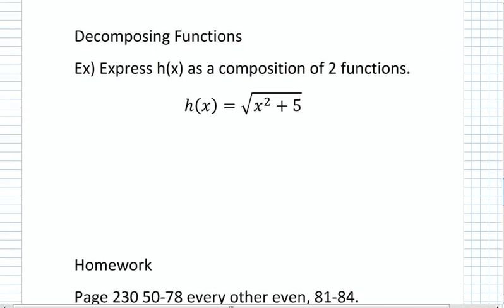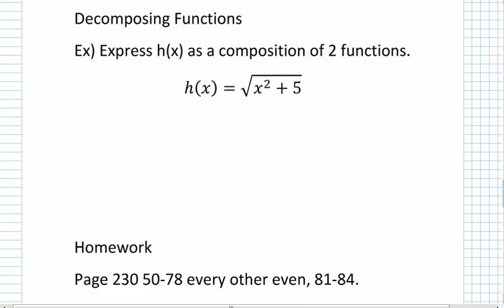Last but not least, what we call decomposing functions. Basically, we have h of x here, and we want to know what two functions did you do f of g of x to get this. Well, basically, here's the rule. F of x is the outside function.